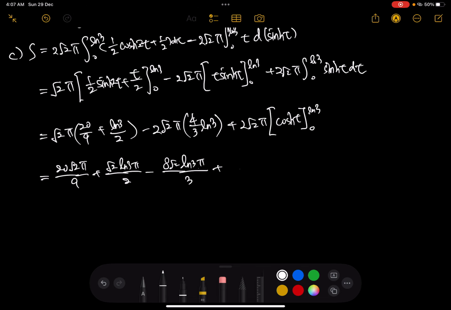So we have 10 root 2 pi over 3 minus, well, hyperbolic cosine of 0 is 1. So we have minus 2 root 2 pi.